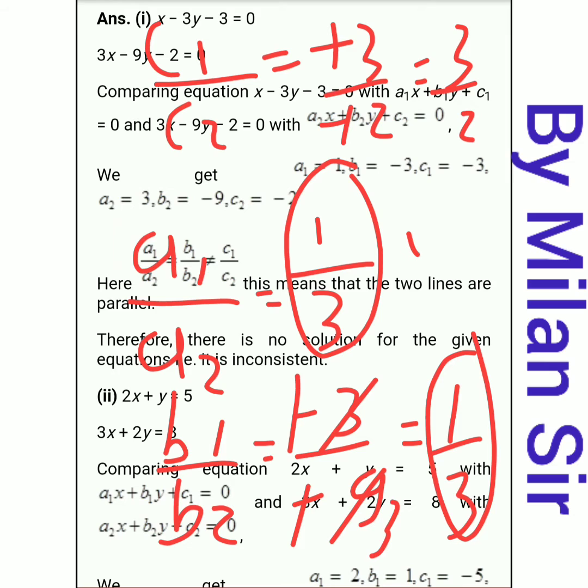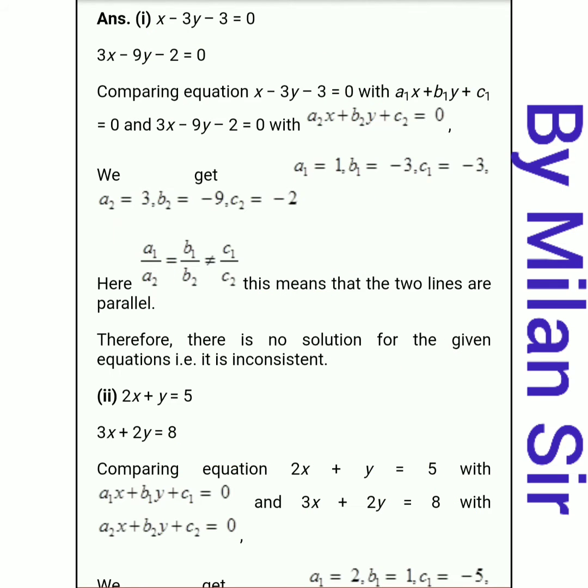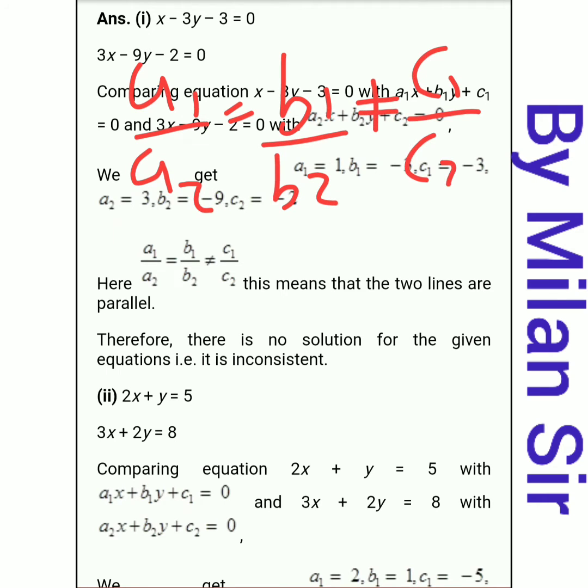So a1 upon a2, 1 by 3, is equal to b1 upon b2, 1 by 3, but not equal to c1 upon c2, which is 3 by 2.